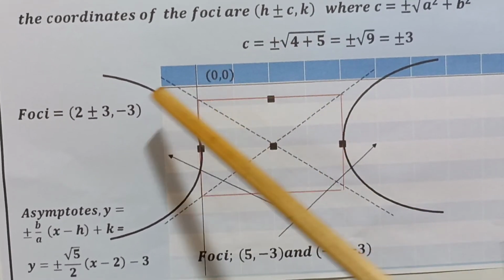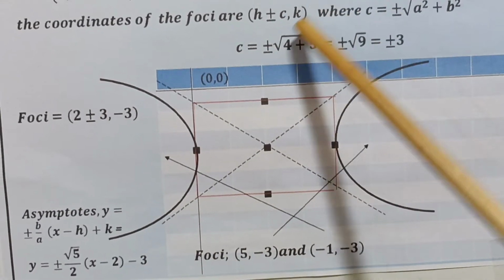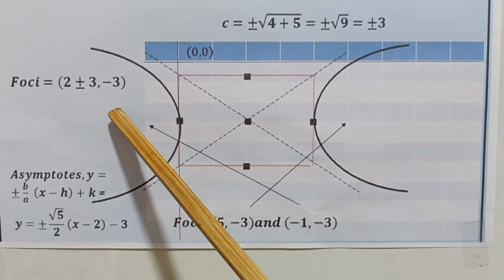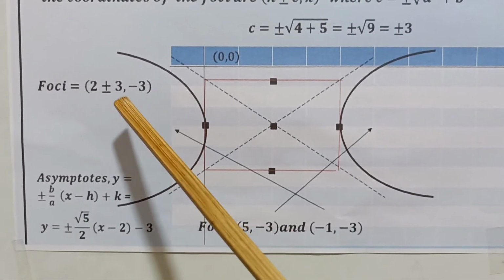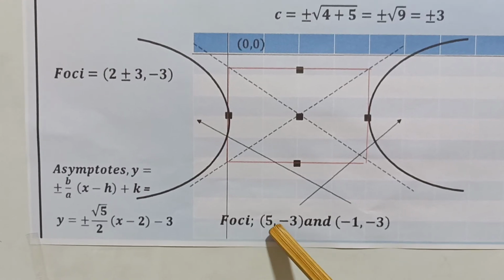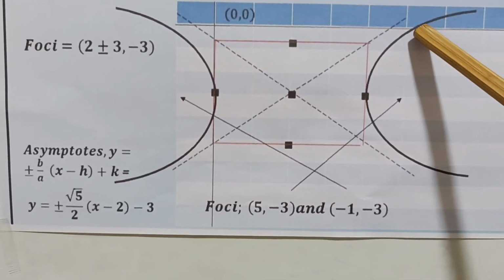So h is 2 plus or minus c, which is 3, that we have computed, and negative 3, the value of k. So we have these foci here. The foci are 5 and negative 3, somewhere here. This is 1, 2, and 3, and 5 from this point here.